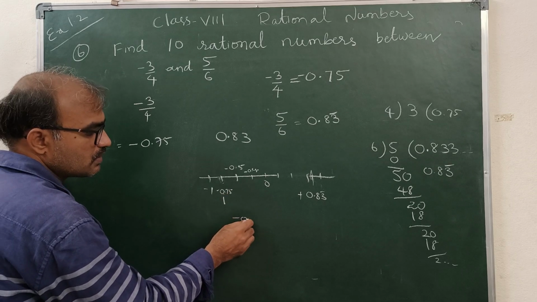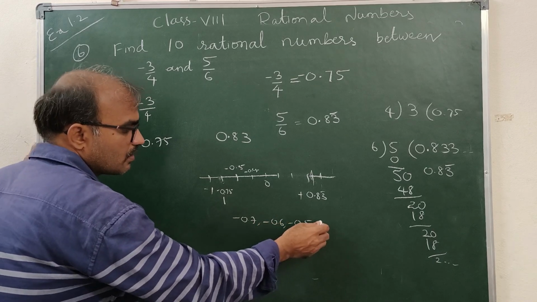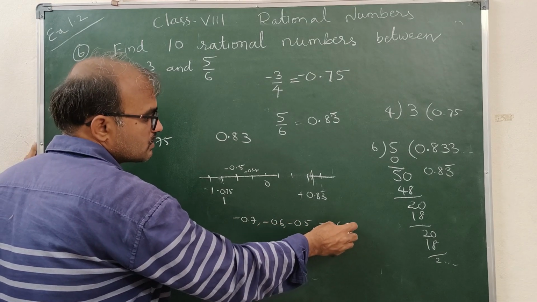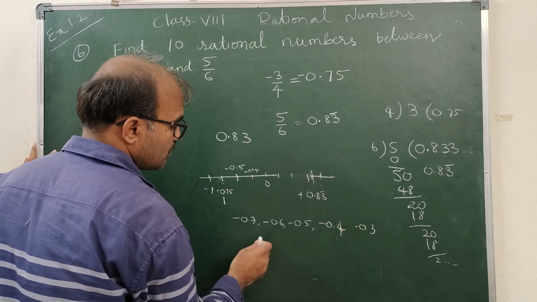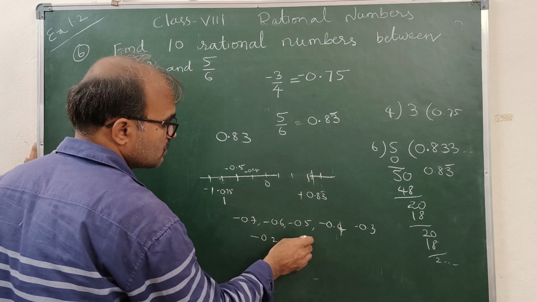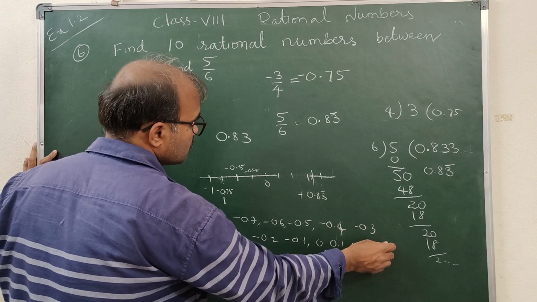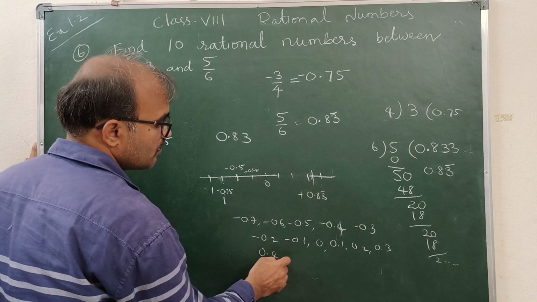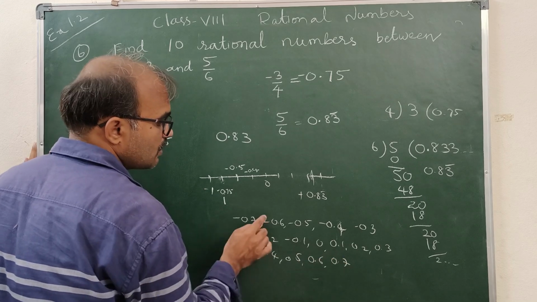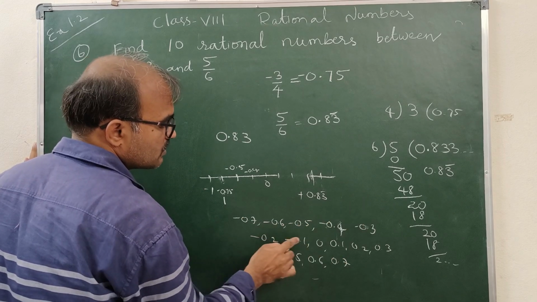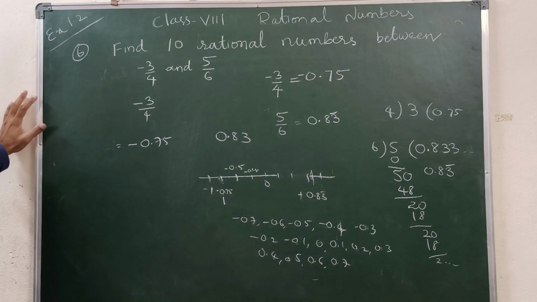You continue: minus 0.7, minus 0.6, minus 0.5, minus 0.4, minus 0.3, minus 0.2, minus 0.1, 0, 0.1, 0.2, 0.3, 0.4, 0.5, 0.6, 0.7. Up to here, 15 numbers we have written, right?